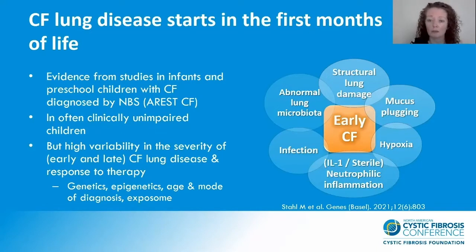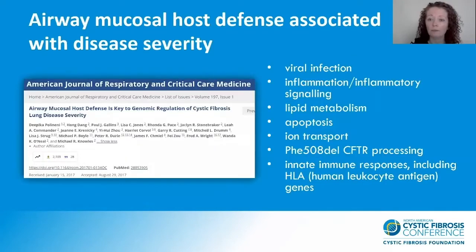Now, although CF is a monogenic disorder, disease severity is influenced by a host of factors, including CFTR genotype, modifier genes, epigenetic modifications, age and mode of diagnosis, as well as environmental factors. Implementation of some of the new omic approaches may have the potential to improve our current understanding of the nature of this variability.